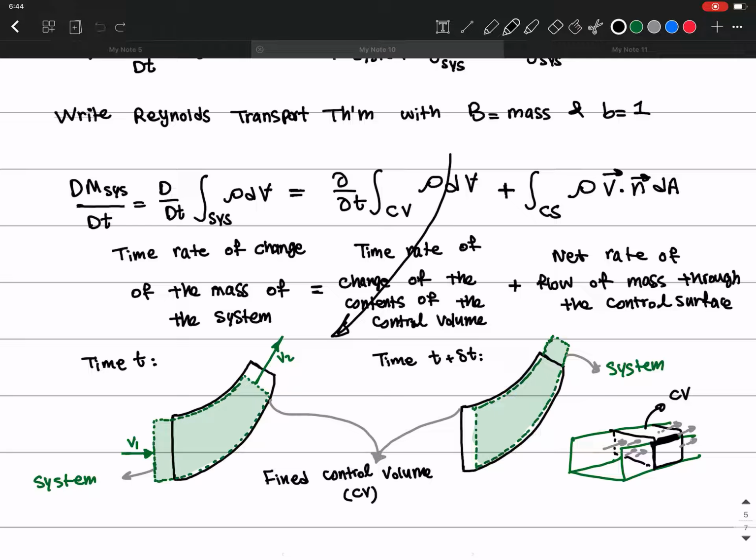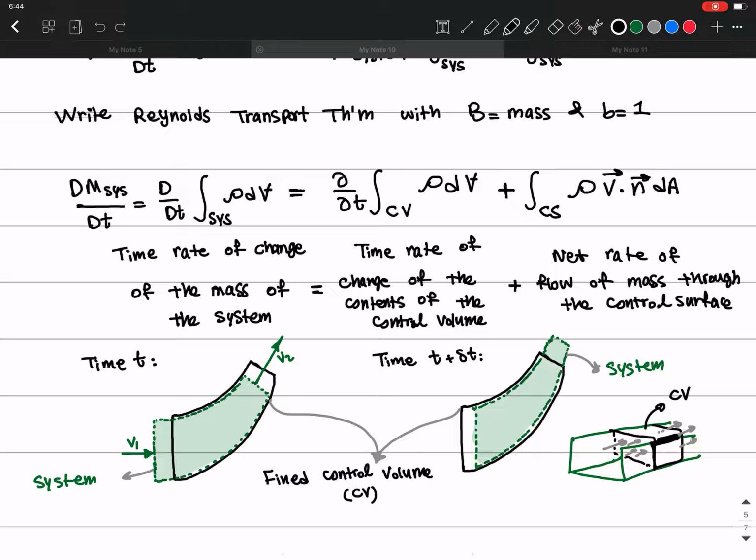Partial over partial t of anything should be 0 for a steady system that is not changing in time. So therefore the first term should be 0, and we only have this term for a steady flow.